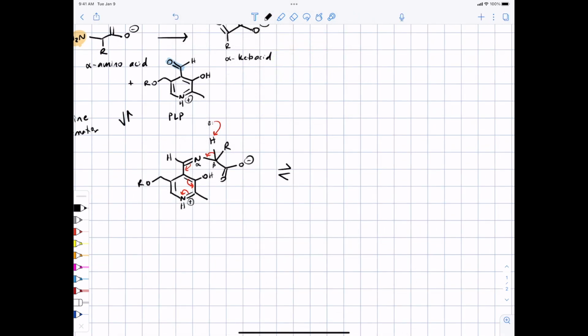In fact, if you look at what we've done, it doesn't look like we've changed much at all. We've removed a proton, so now our molecule is neutral. But look where the nitrogen-carbon double bond is.